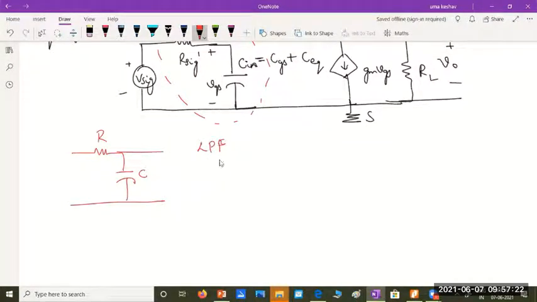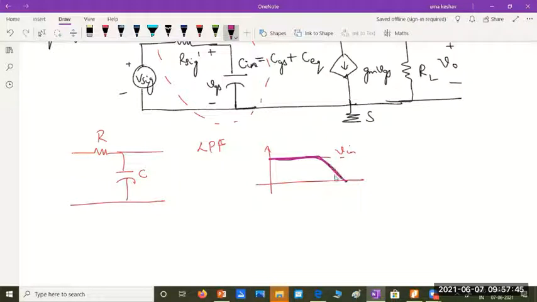What is a filter? A filter is a circuit which retains certain, say the input signal is represented like this. This is V in. A low pass filter is something which will retain the input signal at low frequencies but attenuate the input signal at high frequencies.